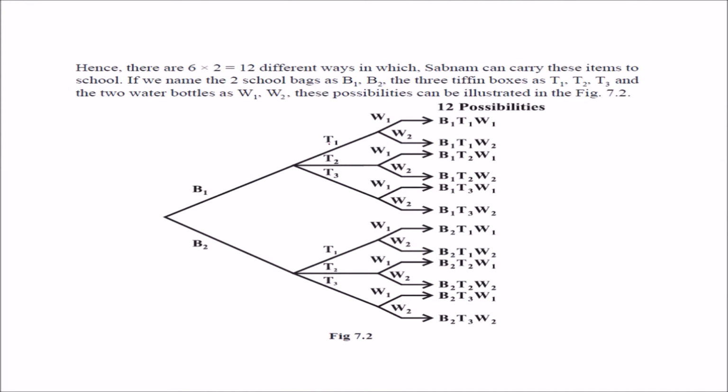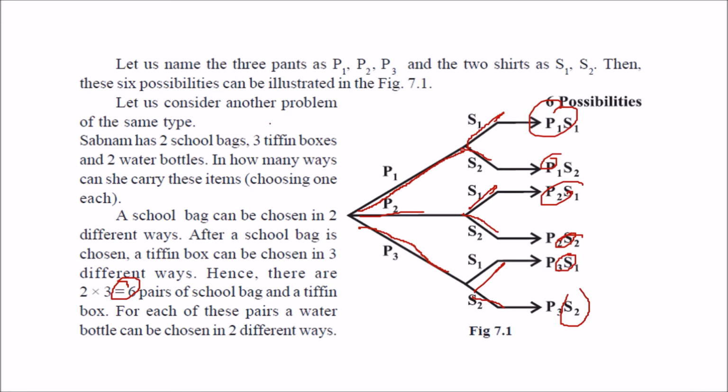Now one more example we take. This is the tiffin box, this is the water bottle. W is the water bottle and T is the tiffin box. These are the possibilities. So what says Shubham? He is going to choose 2 school bags, tiffin boxes, and water bottle.